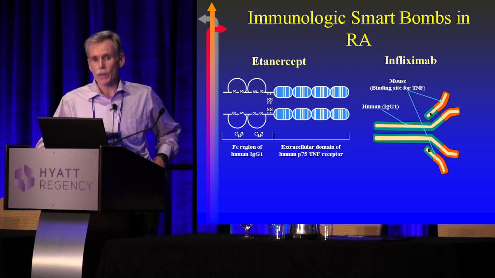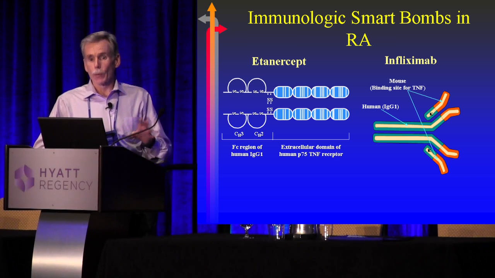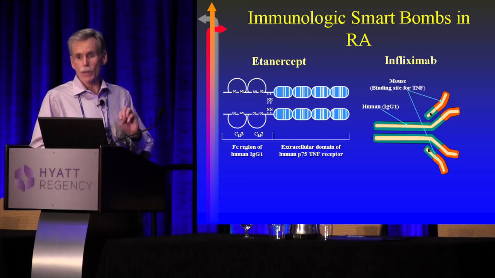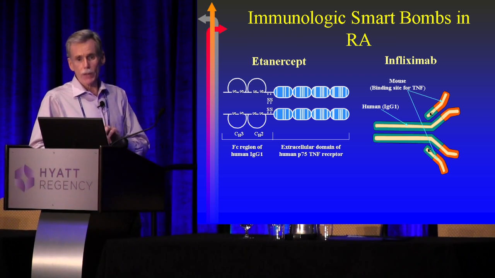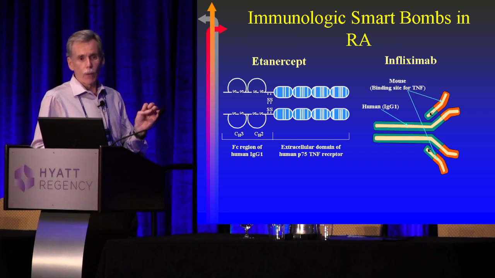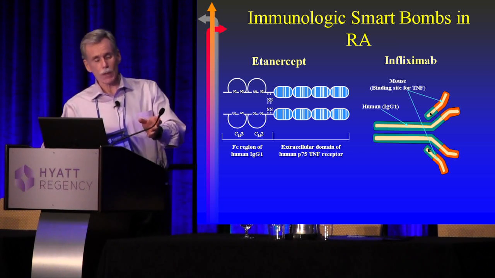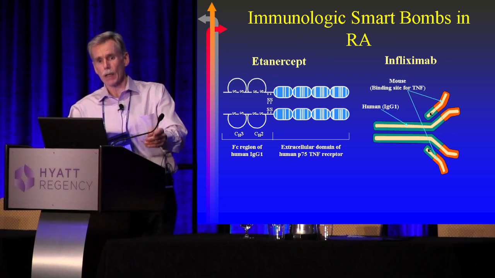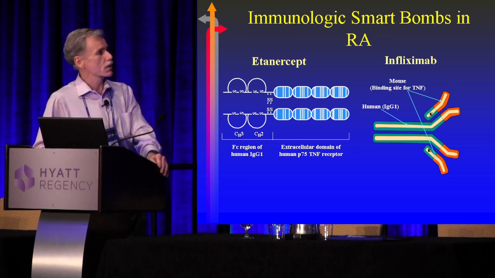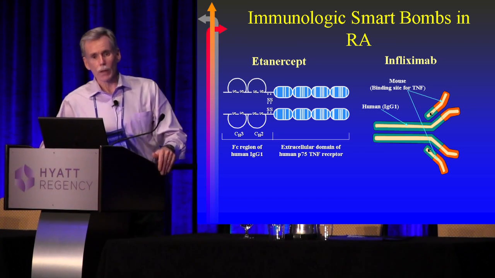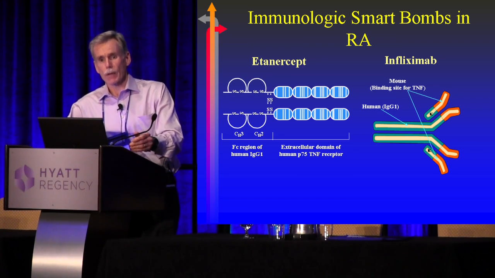So this is not immunosuppressive therapy that broadly suppresses the entire immune system. This is immunosuppressive therapy that takes out a specific part of it without laying waste to everything else and without causing too much collateral damage. I'm not saying it doesn't have the capacity to cause collateral damage. We know that these agents actually do increase the risk of infections, but one is not a walking petri dish if you're on etanercept.